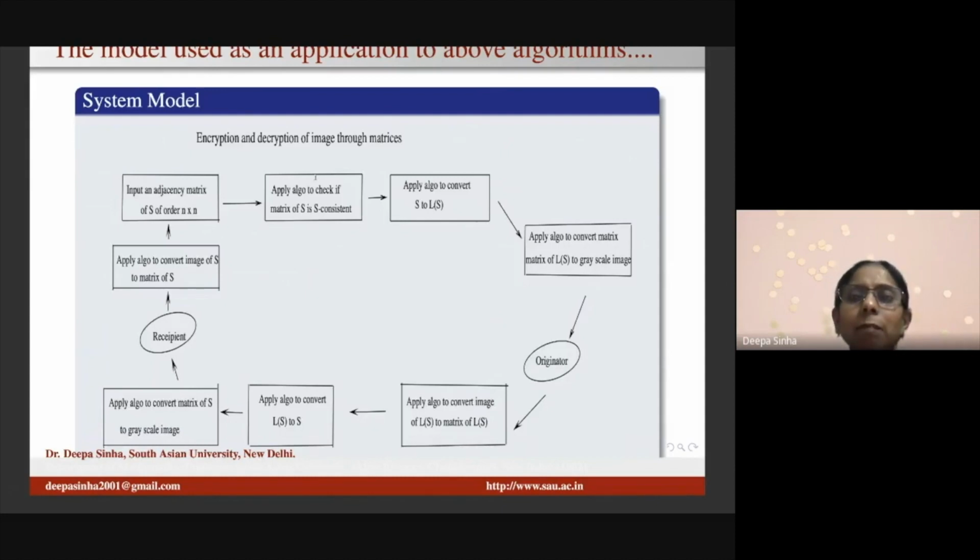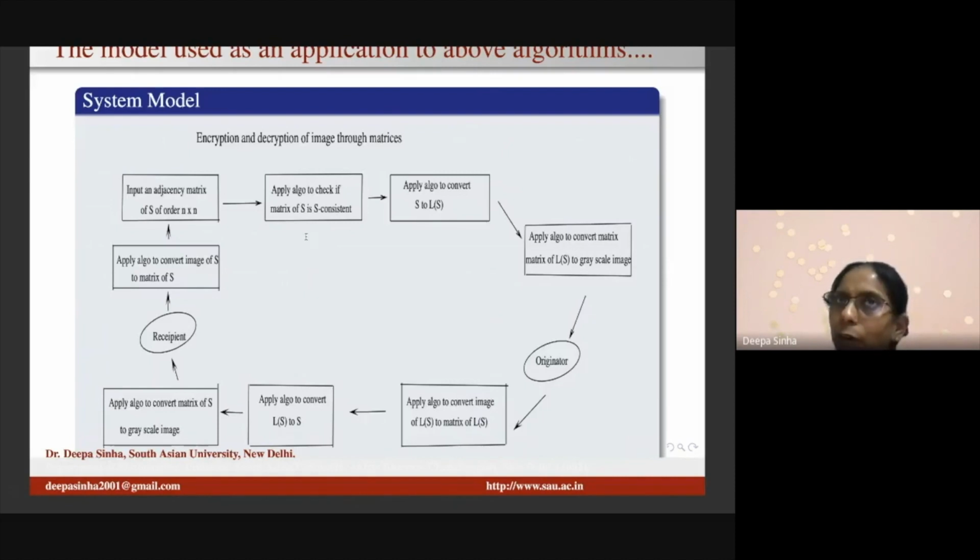And then we apply the algorithm to convert S to LS, because we are going to transmit the data in the form of LS, not S. When the recipient receives it, he will know how to convert it back into S, because there is a characterization from S to LS.